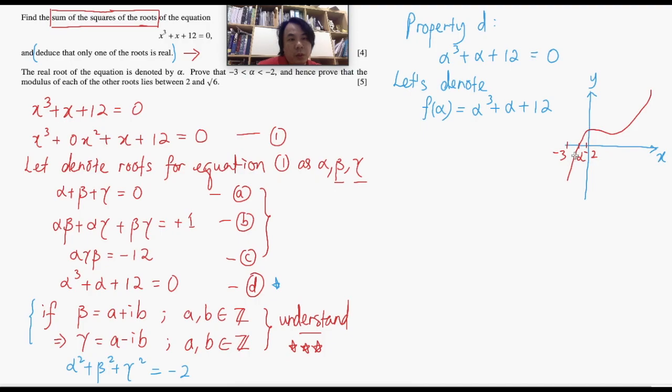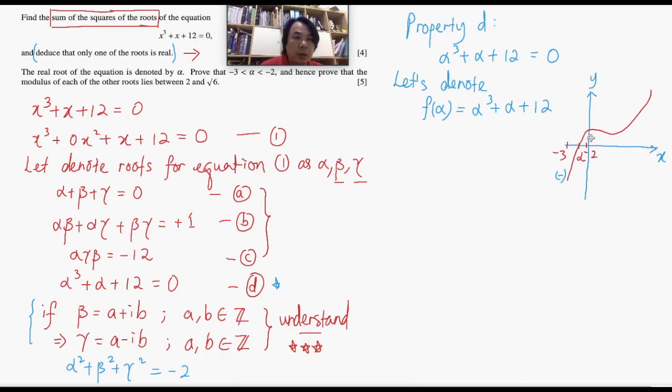Now visually we can see that anything on the left hand side of the root will have a negative sign with respect to its own function because it's below the x-axis.